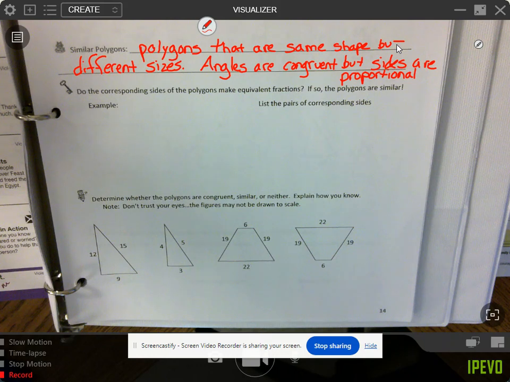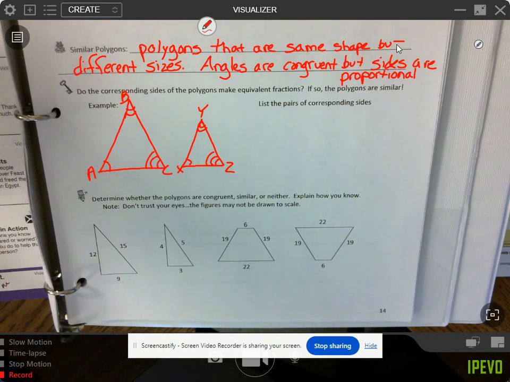So an example would be, so my angles, so if I have A, B, C, angle A is proportionate to angle X. Angle B is proportionate to angle Y. And angle C is proportionate to angle Z. So the angles are the same degree measurement.